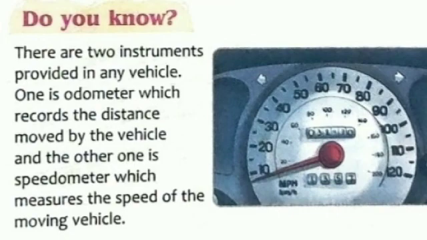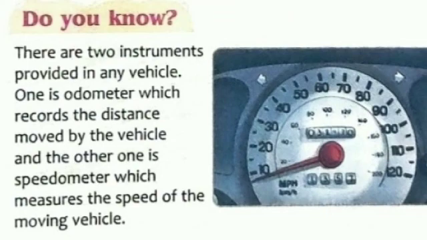The numbers you are seeing, 10, 20, 30, 40, 50, that is the speedometer. It shows the speed of the moving vehicle at this time. What is the speed of the bicycle or car or motorcycle, etc.